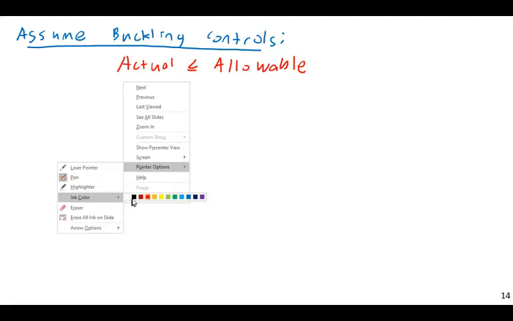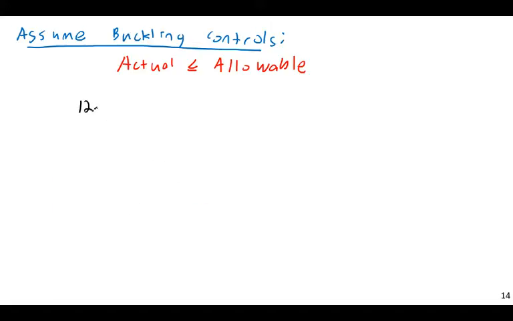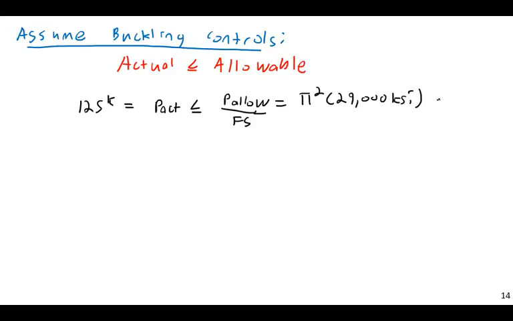So we are saying that 125 kips equals the actual load, P actual, the actual axial load, less than or equal to P allowable over the factor of safety, which is equal to pi squared times 29,000 KSI times, you know what, here's the issue though. If I'm going to look at steel tables, I need to know whether I should look at the IY or the IX.